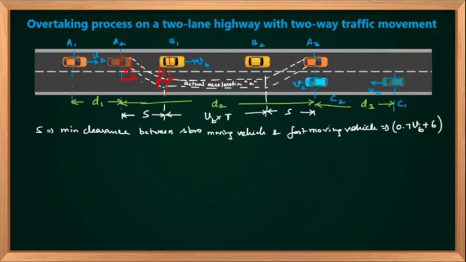And this distance is called 0.7 VB. It means it will slowly move to the next lane.